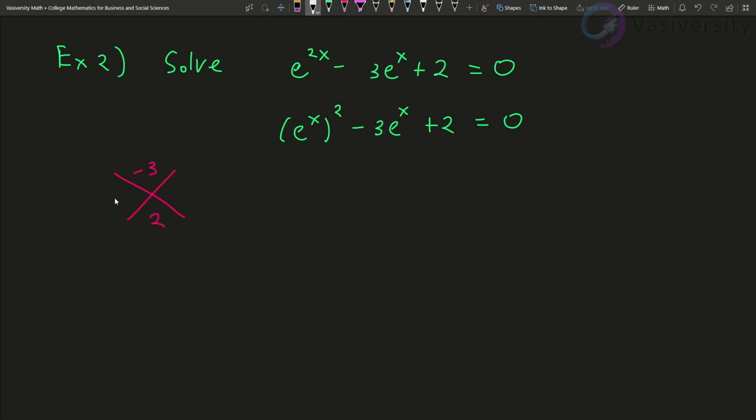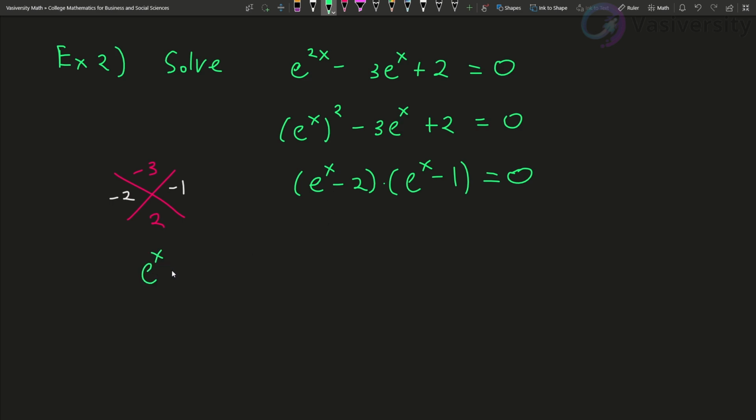So we have -2 and -1. So that means we will have e to the x minus 2 times e to the x minus 1 is equal to 0. Okay, so we have two factors, right? So that means in order for us to find a solution, either of those factors can be equal to 0.